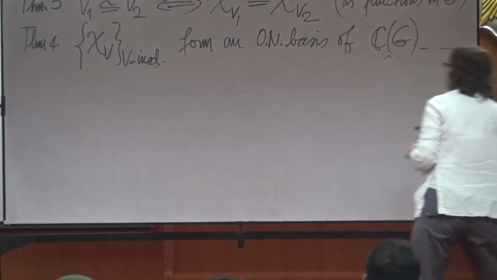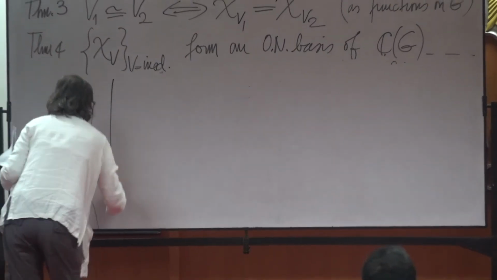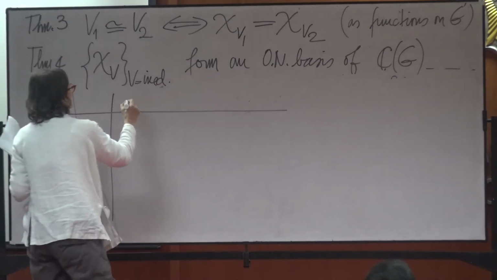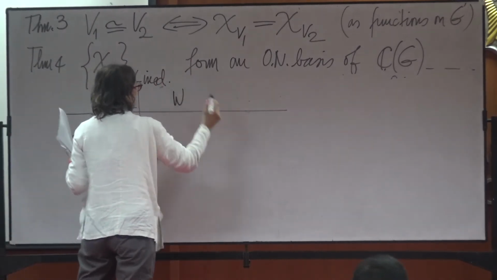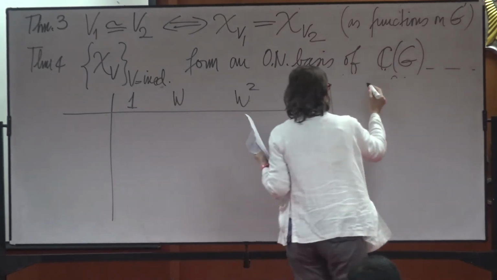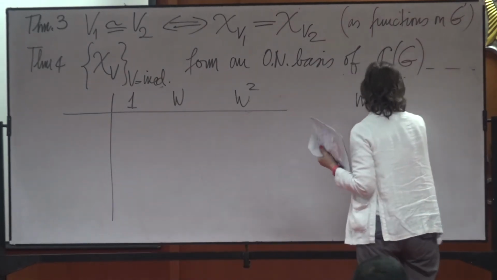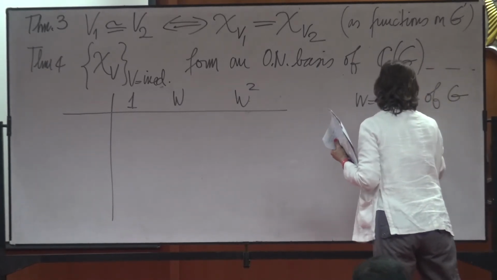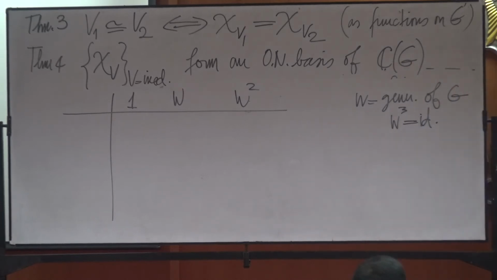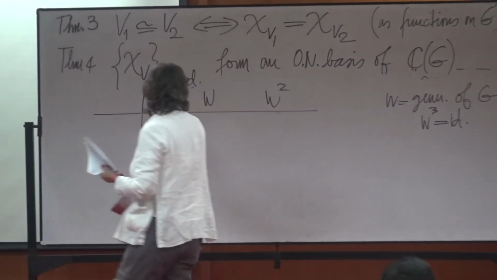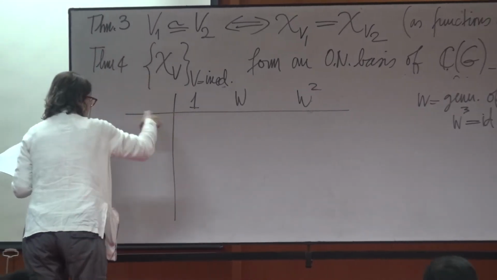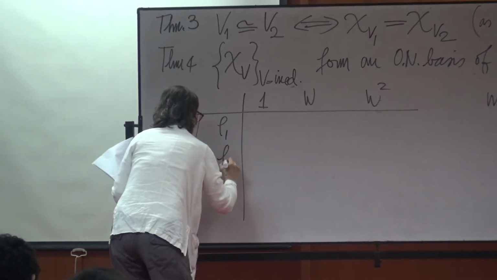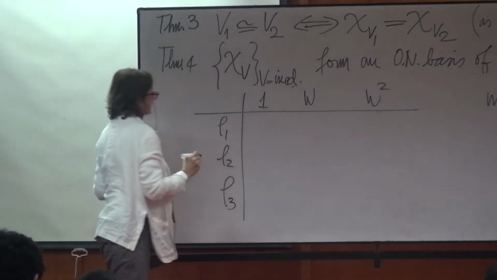So here we write the 3 conjugacy classes of G, which are 1, W, and W squared. Of course, W is a generator of G, so W cubed is equal to the identity. And then we have here the 3 representations, and here we will write the characters on the elements.